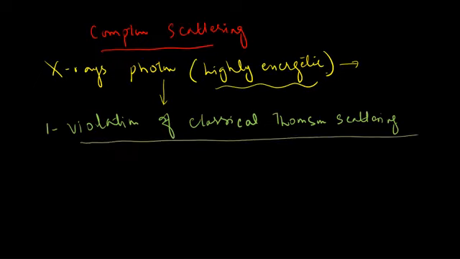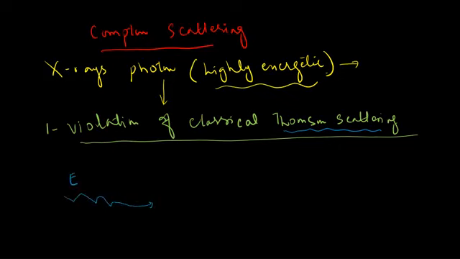So when the Compton effect occurs, it violates the classical Thomson scattering. Now I will tell you what Thomson scattering is and how it gets violated by Compton scattering. Here we consider electromagnetic radiations.